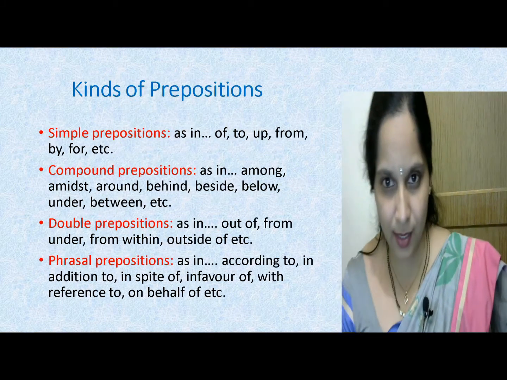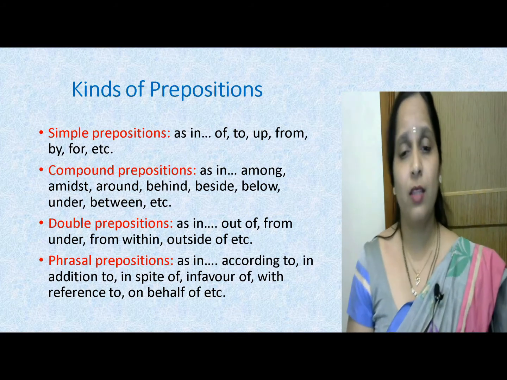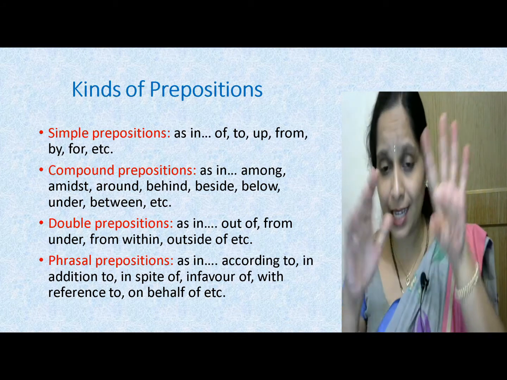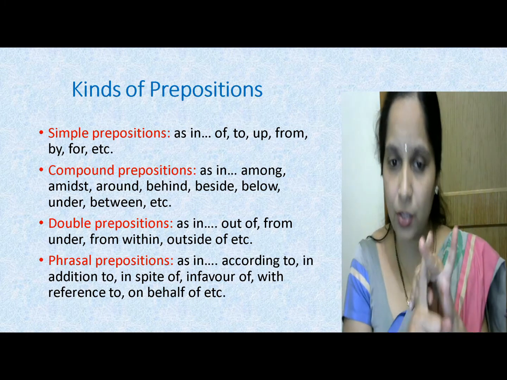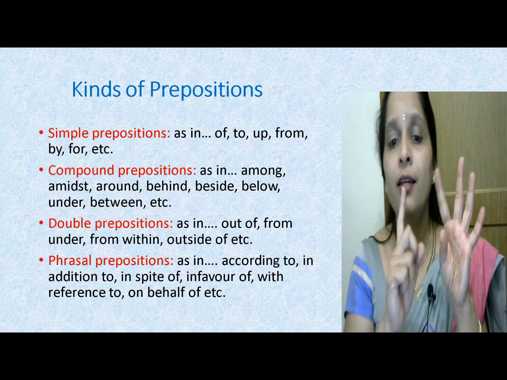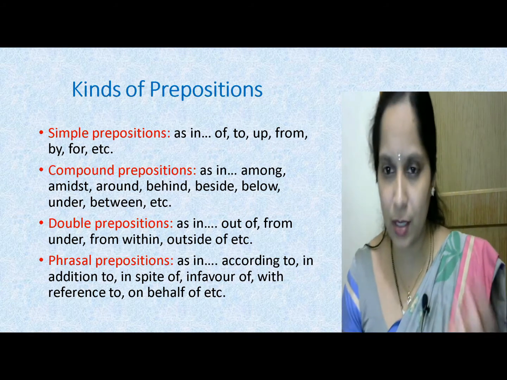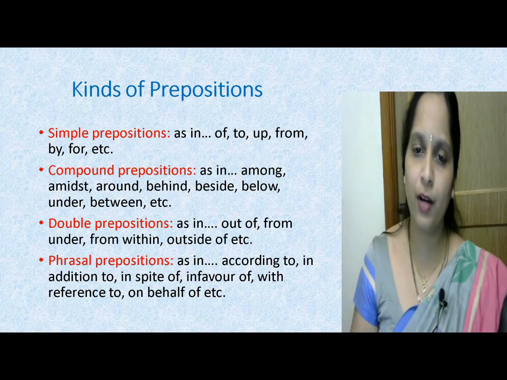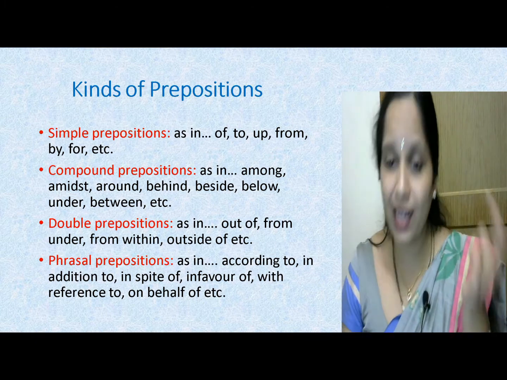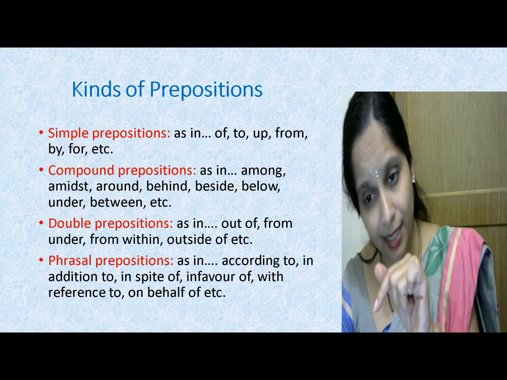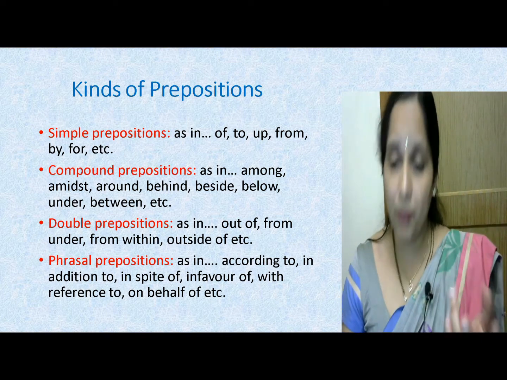So my dear students, what are the different kinds of prepositions we have in our language? We can broadly classify them into four categories: simple prepositions, compound prepositions, double prepositions and phrasal prepositions. What are simple prepositions? As the name suggests, these are simple, smaller words like to, of, by, from, etc. Compound prepositions are slightly bigger words like among, amidst, behind, beside, besides, between, etc. What are double prepositions?